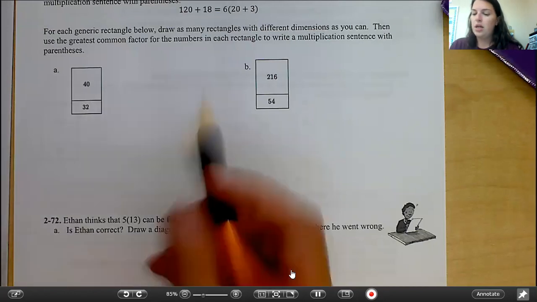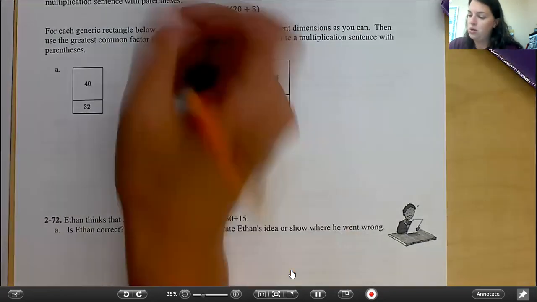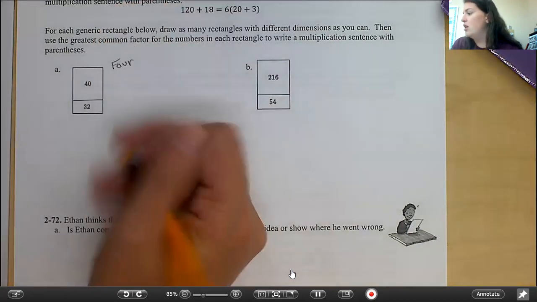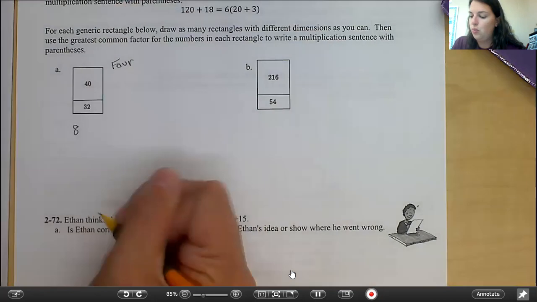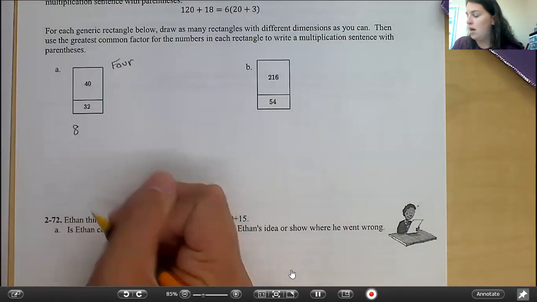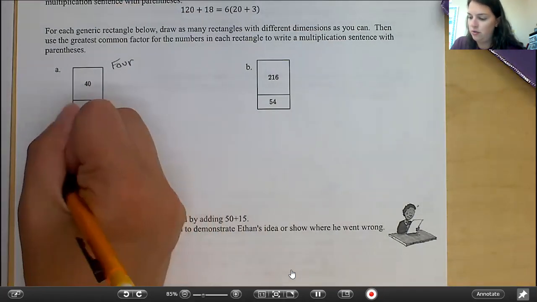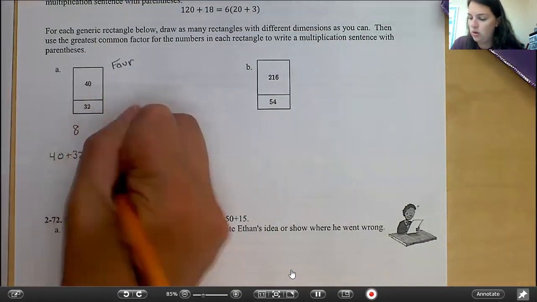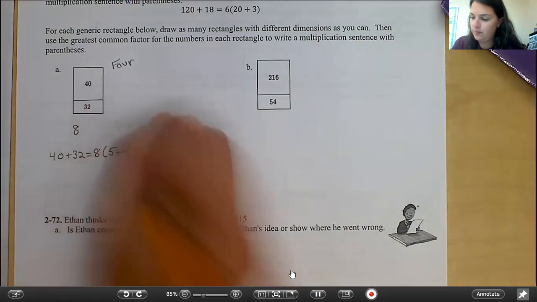Okay, so I'm not going to draw your rectangles, but you should have come up with 4 ways for A, so 4 different rectangles, and you should have come up with the fact that 8 was your greatest common factor. So your sentence should have been 40 plus 32 equals 8 times the quantity of 5 plus 4.